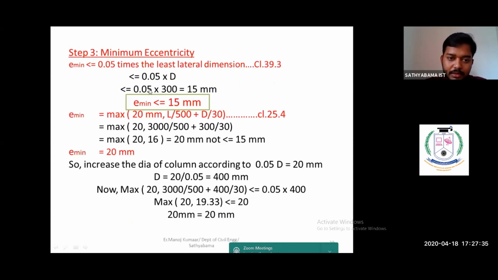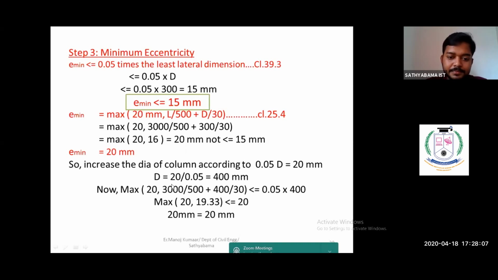So this value 0.05 D is equated to this 20. And what is D? 20 divided by 0.05. We are getting 400 mm. So we need to revise the diameter of the column from 300 to 400 mm. Though the diameter of the column is given in the question as 300, we have to revise this. Why? Because it is not following the criteria of minimum eccentricity.